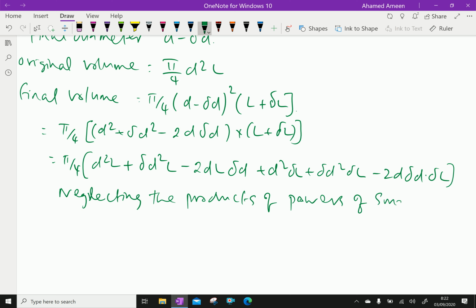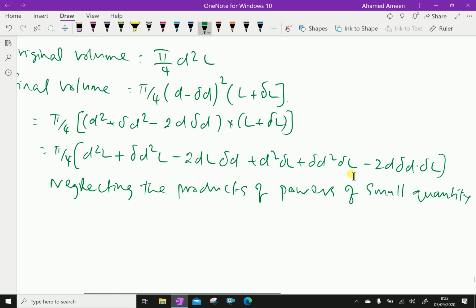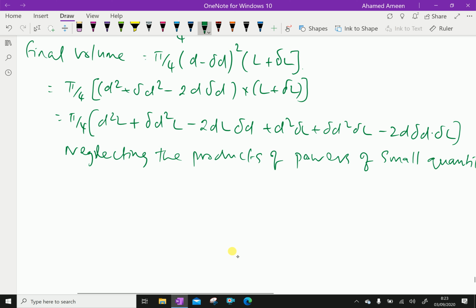That means we have to neglect delta d squared terms and delta d delta L. It becomes simpler: pi by 4 times d squared L minus 2dL delta d plus d squared delta L.